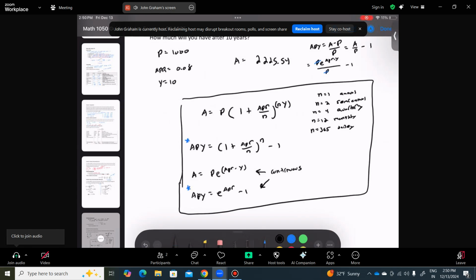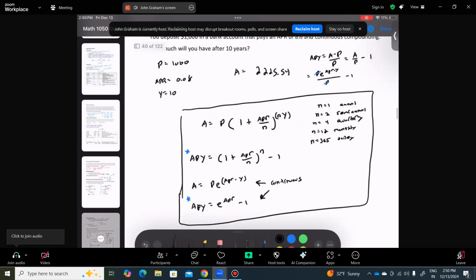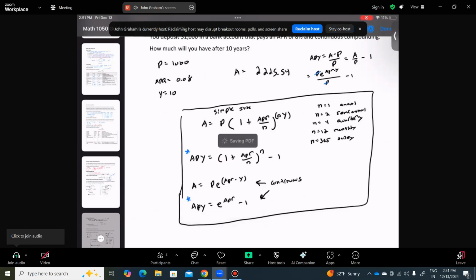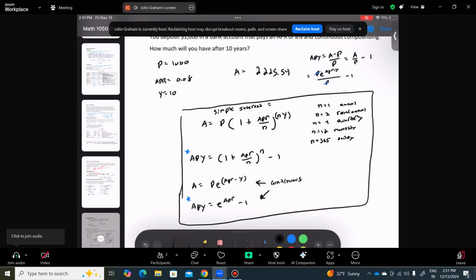And then the last one that we saw at the beginning, your simple interest, is again your amount equaling the principal plus the interest, which is just the principal times the rate. Alright, so those are the formulas. And again, that one's also by hand.